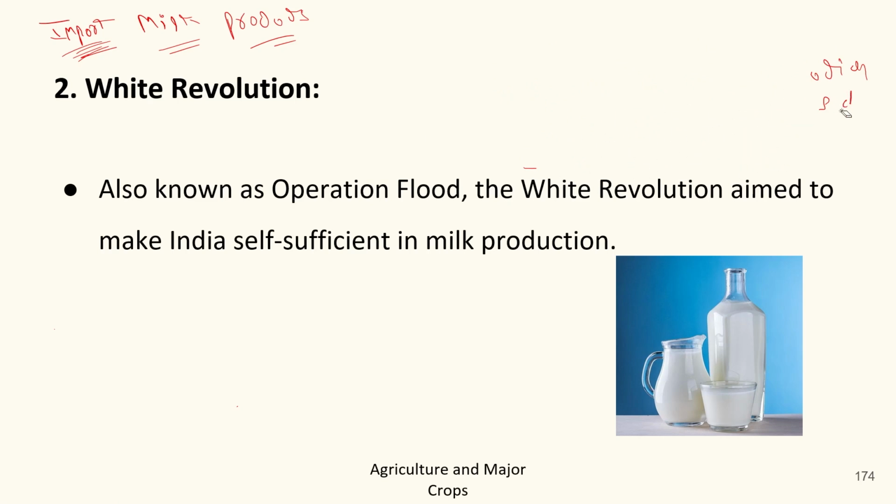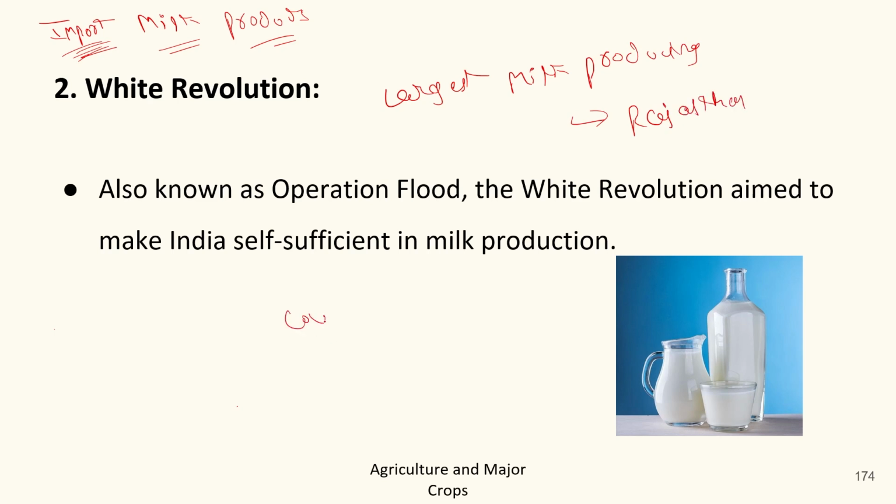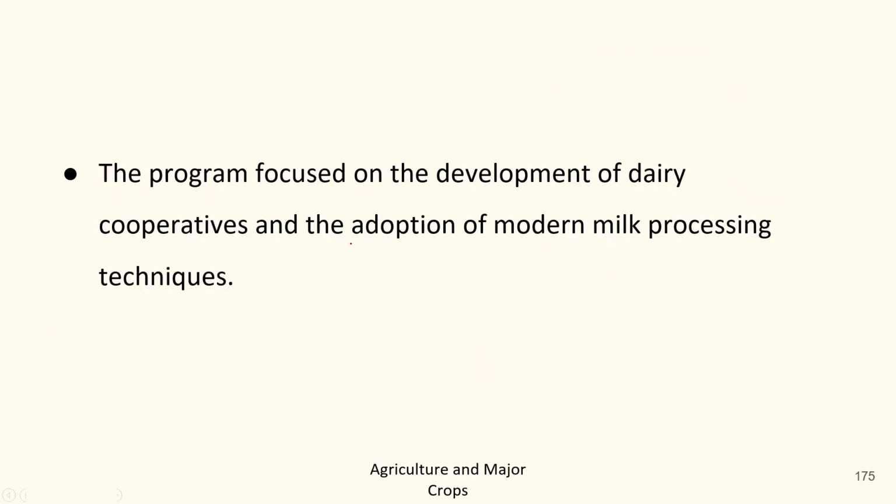Second thing is that the largest milk producing state is Rajasthan, and the lowest milk producing state now is Kerala. Okay, so remember these points. Now come to the second point. The program focused on the development of dairy cooperatives and the adoption of modern milk processing practices.